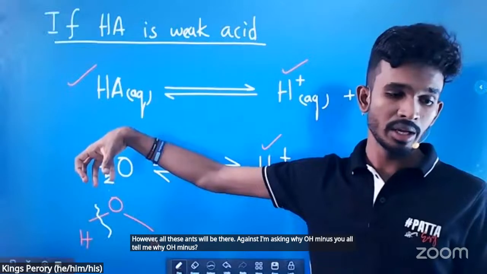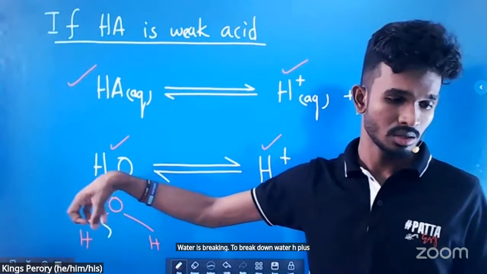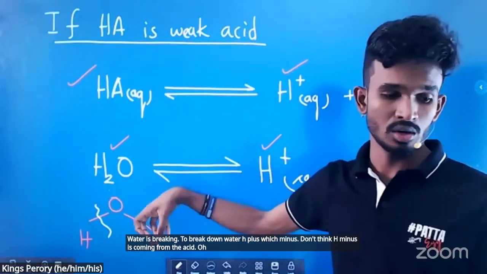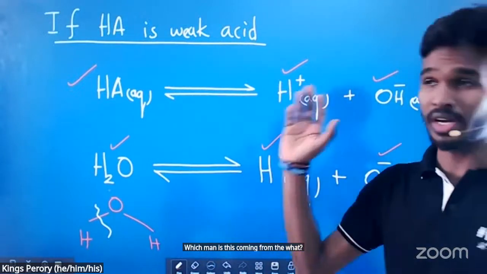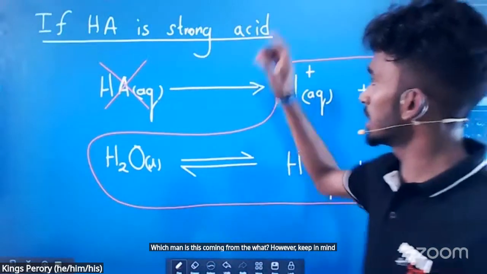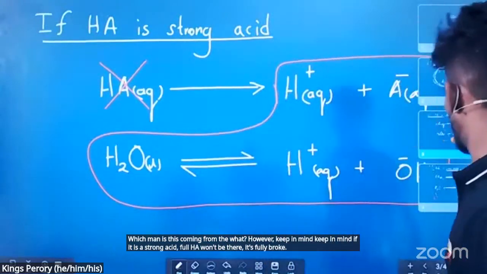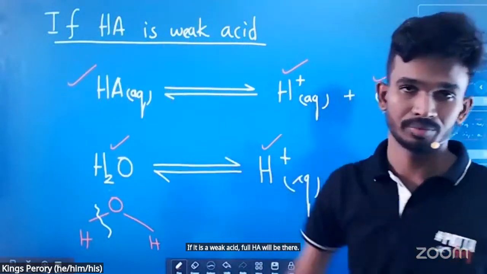Water is breaking. You break down water into H plus, OH minus. Don't think OH minus is coming from the acid. OH minus can't come from the acid. OH minus is coming from the water. If it is a strong acid, HA is fully broken. If it is a weak acid, full HA will be there.